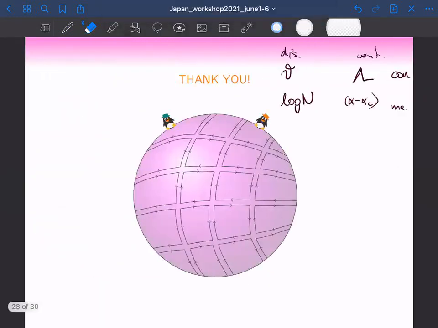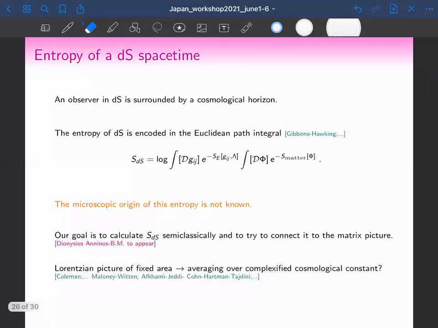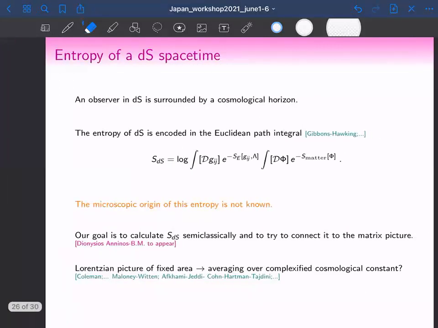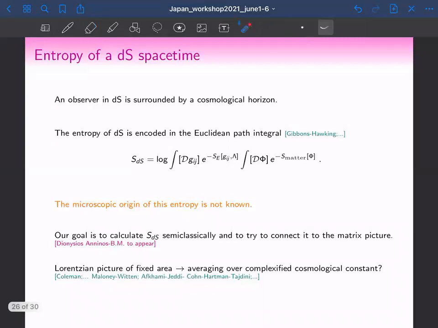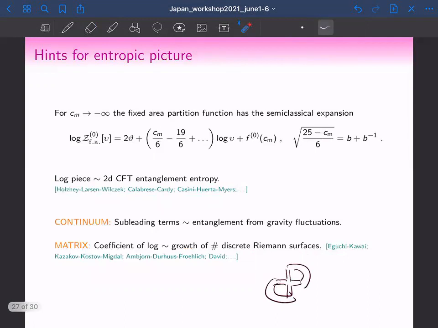So I got confused by these comments about de Sitter and even possibilities of calculating de Sitter entropy and things like this. So what is the relation of the matrix integral to de Sitter space? I think this is best explained in this slide over here.